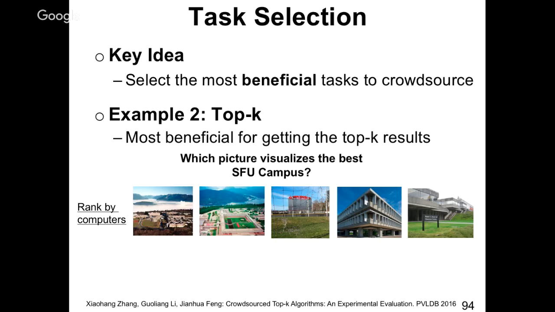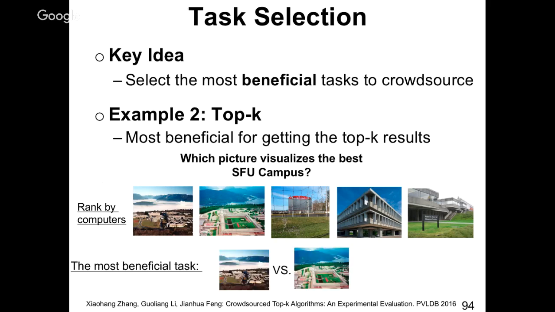For example, if you have 5 images and you use computers to get an okay ranking of these 5 images, and this is the most beautiful one, this is the second most beautiful one, and if you only have a budget to do one task, which task should you ask the crowd to do? Maybe you will ask the crowd to compare the two images, because that will give you the most information. Okay.